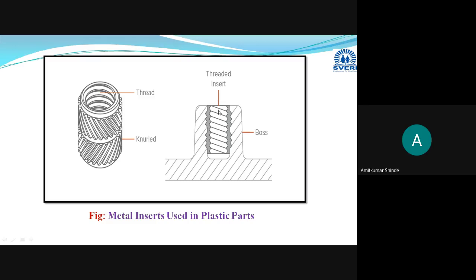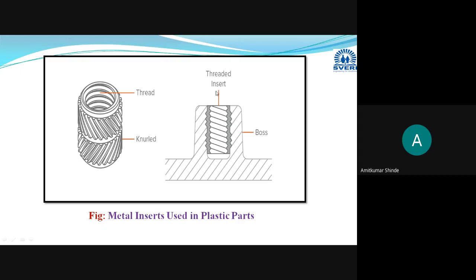If the diameter of this insert is more than 6 millimeter, then whichever wall thickness is there, the diameter of the boss should be 50 to 100% of that wall thickness.